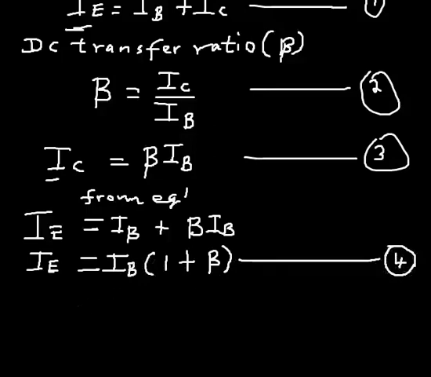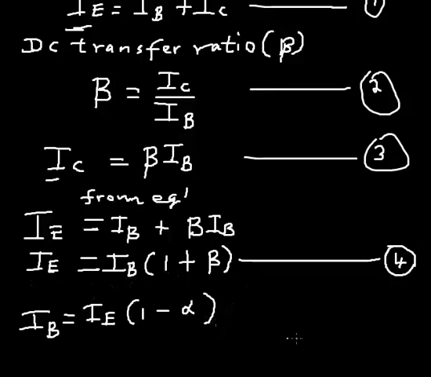I'm going to reiterate the two formulas we had before. Remember previously we said that IB is equal to IE multiplied by 1 minus alpha. Don't forget this formula. Now we are saying that IE is equal to IB multiplied by 1 plus beta.